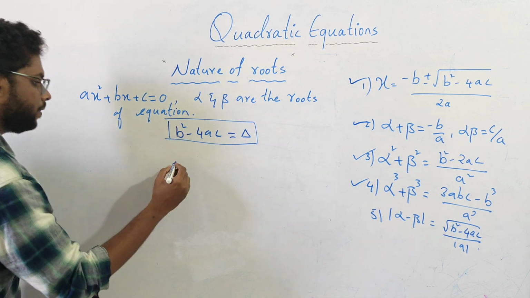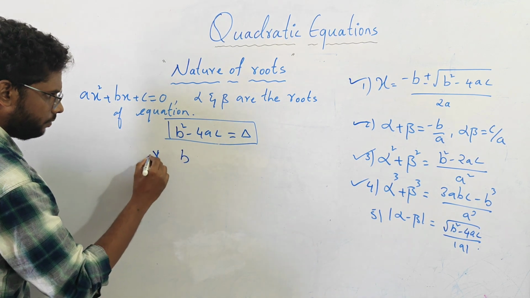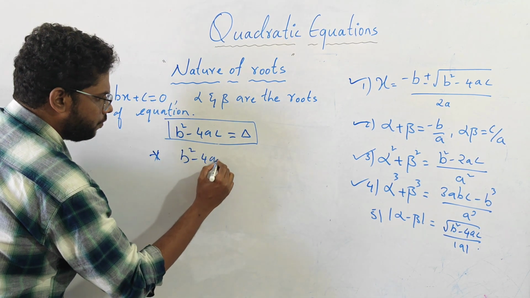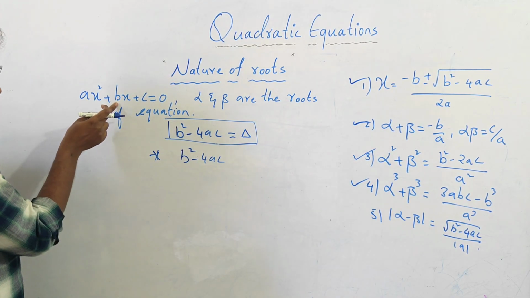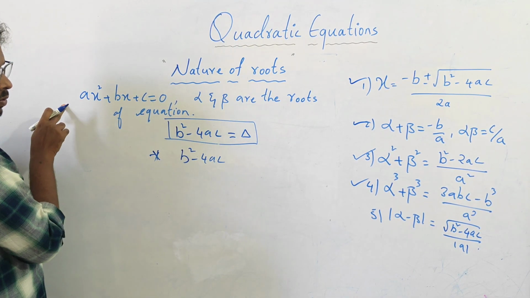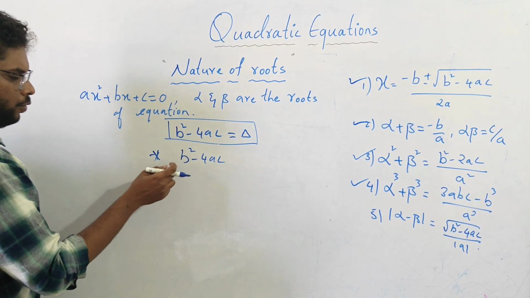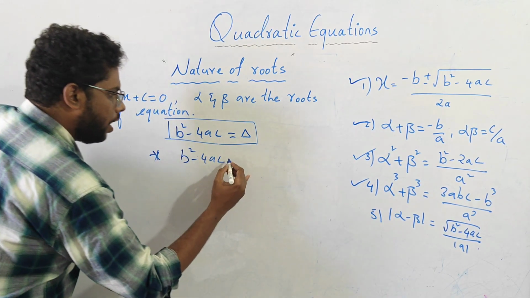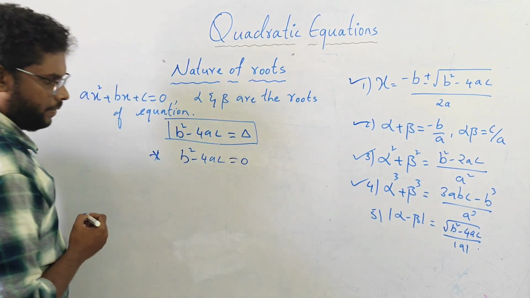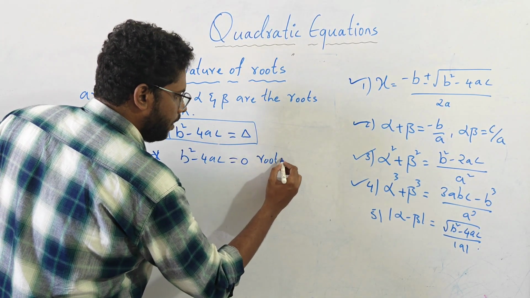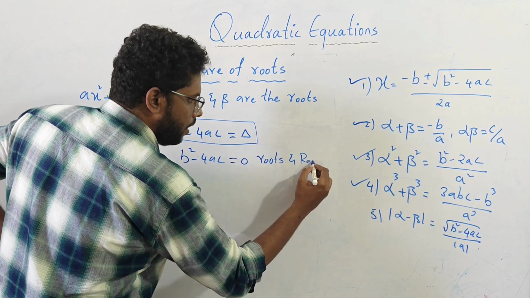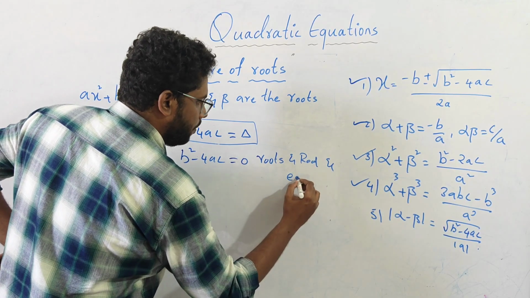Suppose we got the first case: b square minus 4ac, where b is nothing but the coefficient of x, a is the coefficient of x square, and c is the constant. If you substitute and get the value equal to 0, b square minus 4ac equal to 0, we say roots are real and equal.